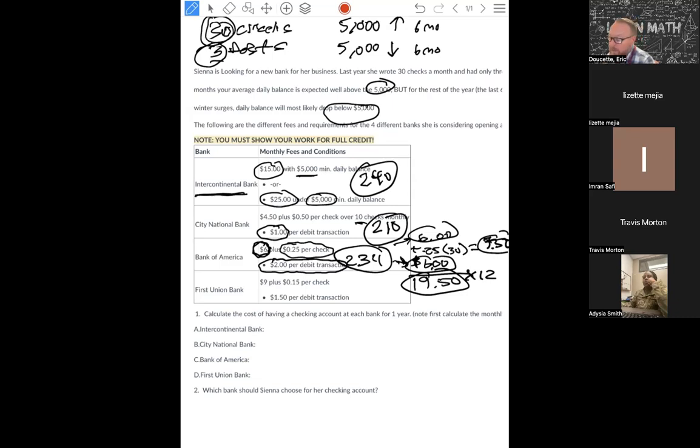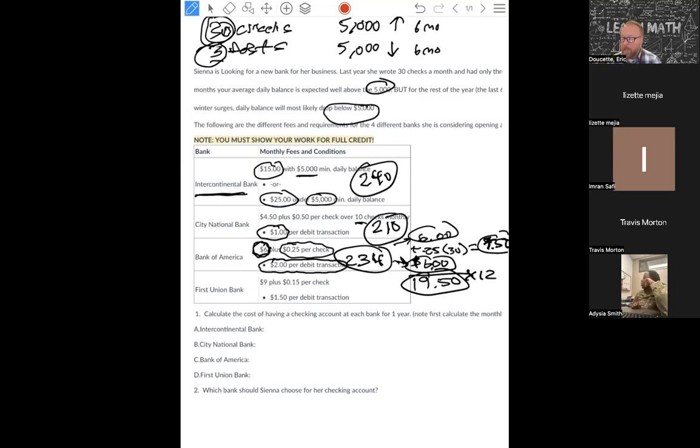So that came out to $7.50 for the 30 checks. So $6 flat fee for the account, $7.50 for all the checks she wrote, and another $6 for the debits she's done. That comes out to $19.50 per month. Okay. And then you multiply that by 12 months in a year, she's going to pay $234 for that account every year.